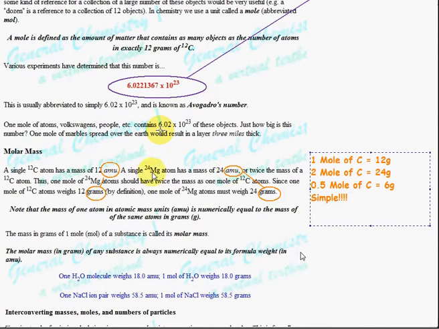So 1 mole of carbon-12 with 12 AMU is 12 grams. And similarly for magnesium, 24 AMU is equal to 24 grams. And then over here, we've scaled things up. We've said that 1 mole of carbon is equal to 12 grams. Well, it follows that if you have 2 moles, you have 2 heaps of that.